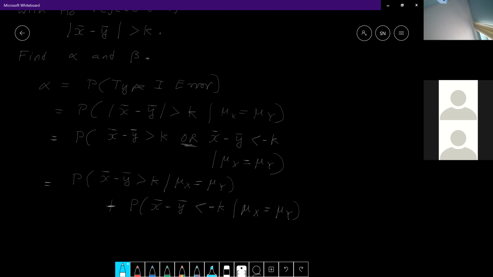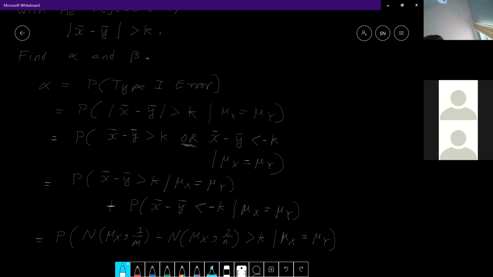Now each of these probabilities you can work out in the same way as I did in example 1. So this will be the probability that normal with mu x, 1 over m, minus normal with mu y, 2 over n, is greater than k, given mu x equal to mu y.